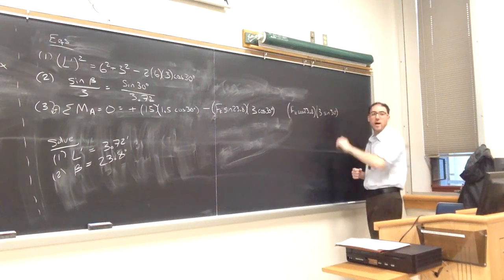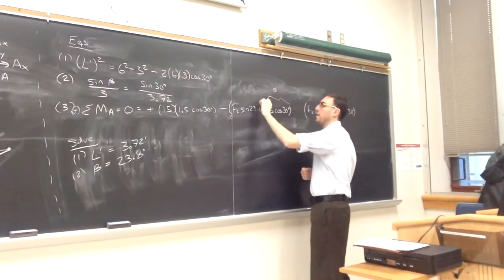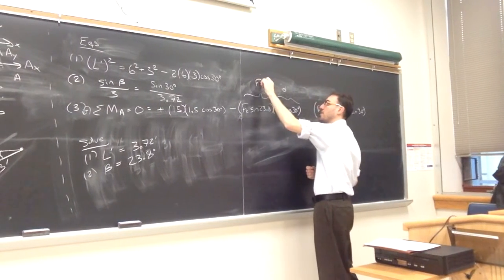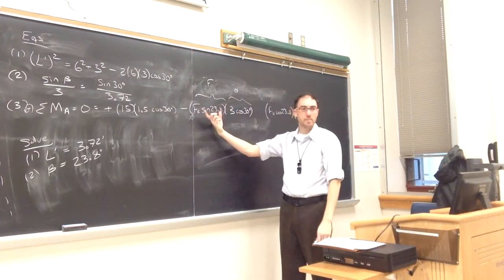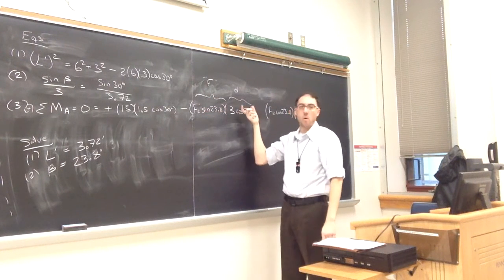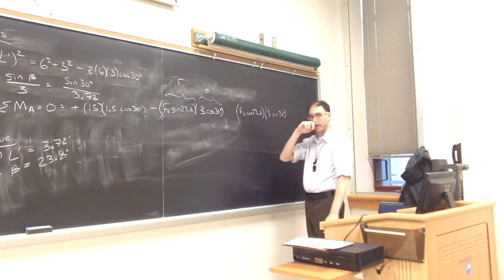Now make sure you keep track of what we're looking at here. This is the distance. This piece of it is the force. So it's still the force times the distance, but we're looking at just a vertical component of the force and then a horizontal distance, horizontal component of a force, and a vertical distance.